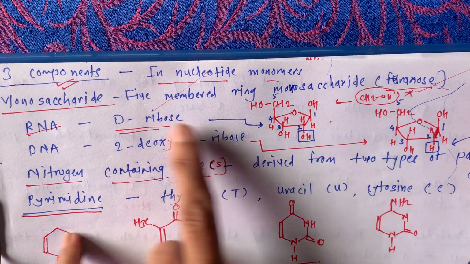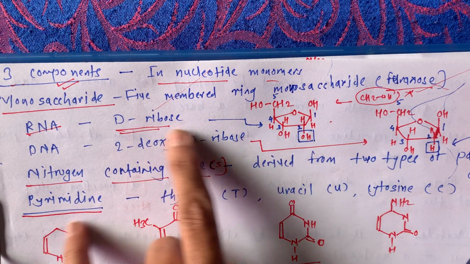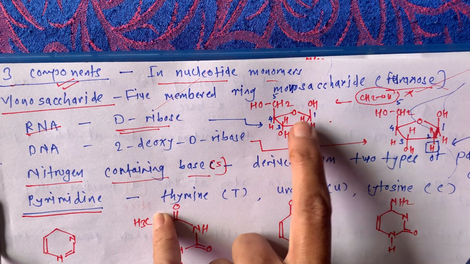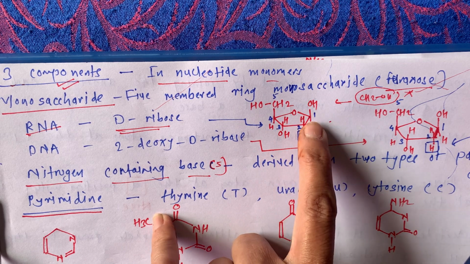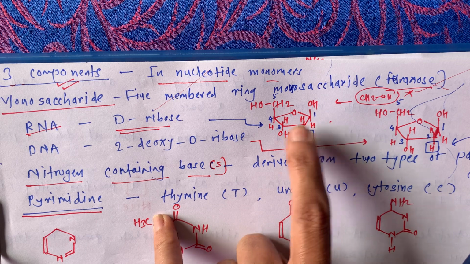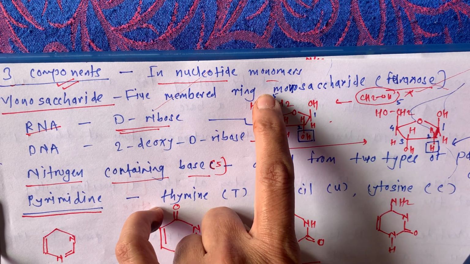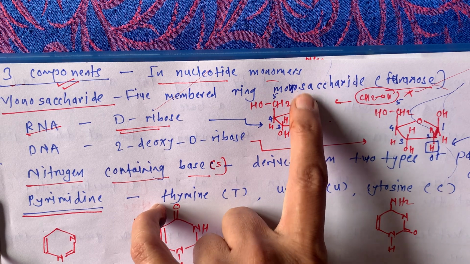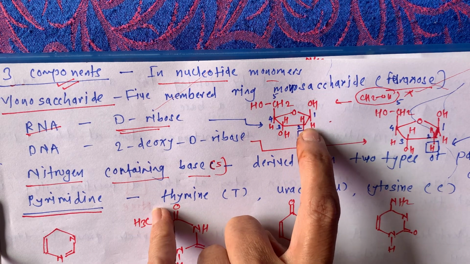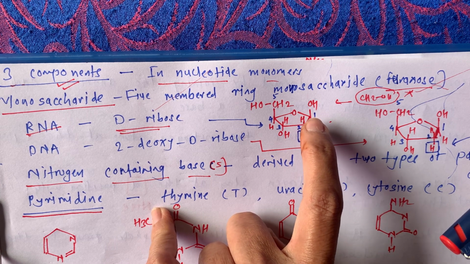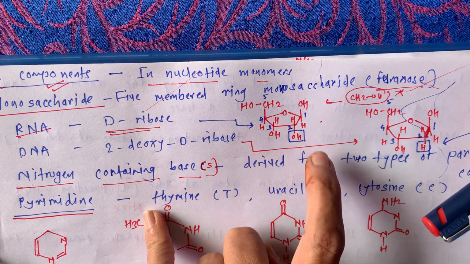This structure is known as D-ribose. See, 1, 2, 3, 4, 5-member ring, just like a furan. When numbering, this is the first carbon, second carbon, third carbon, fourth carbon, and fifth carbon. Here the OH is to this side and H to this side. All the anomeric carbon theory we studied in the first topic of this chapter.